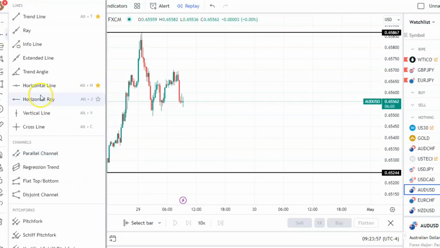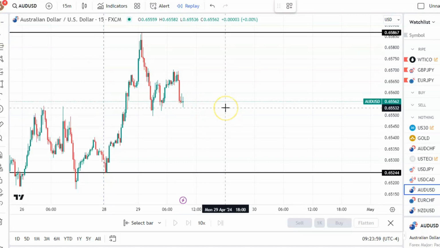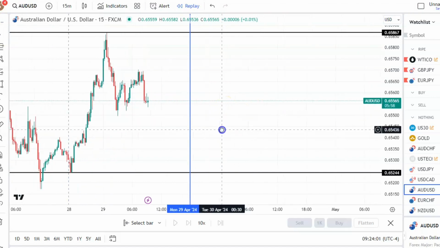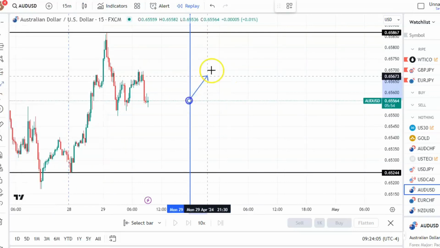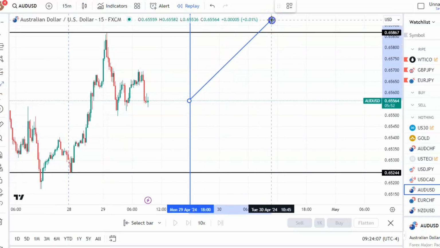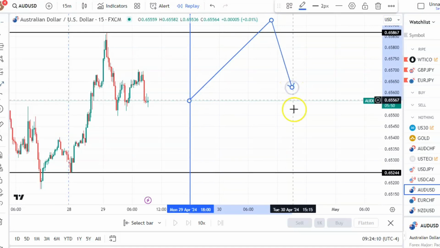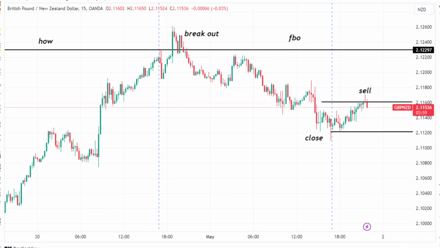So if we wait for this day to close, and then tomorrow we have a breakout, so price continues to break out, and then at the end of the day, when the day closes, the close is inside of the high and the low of the week.